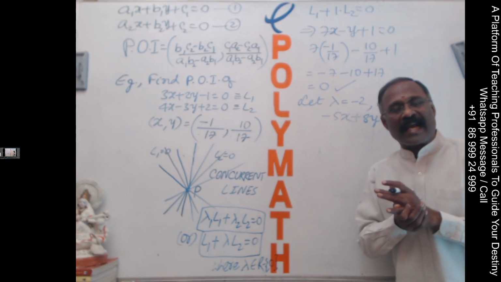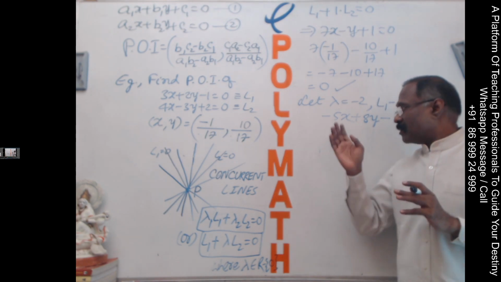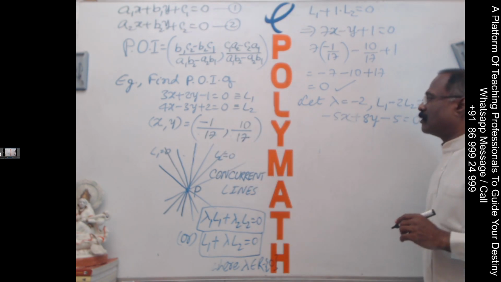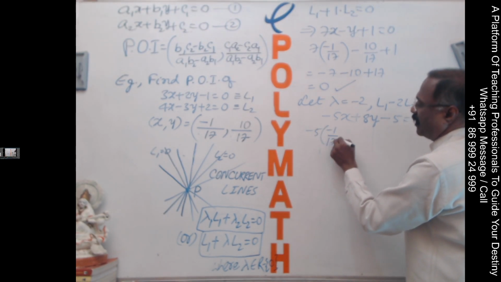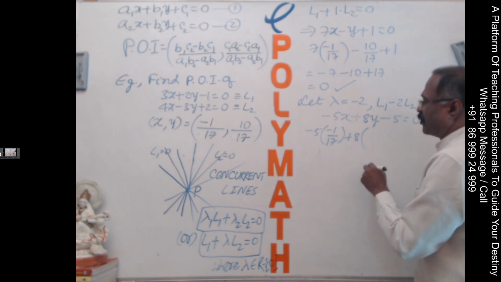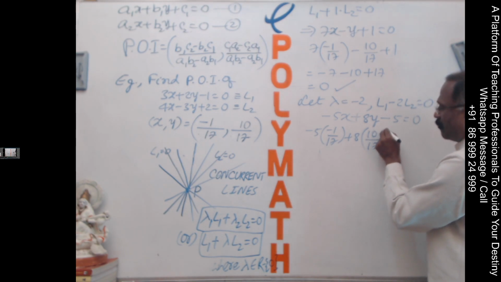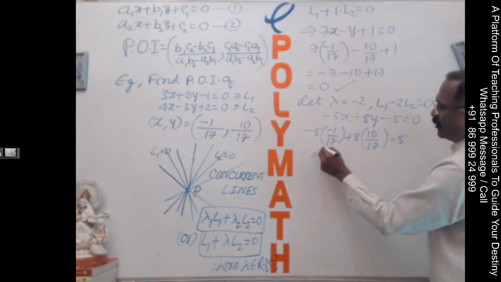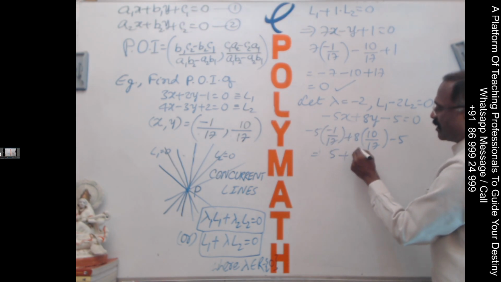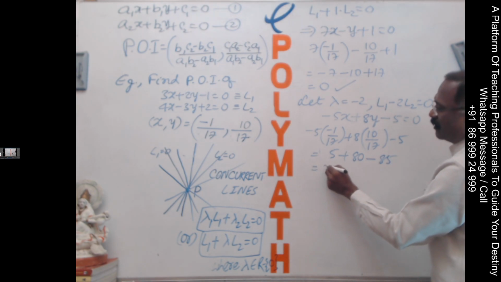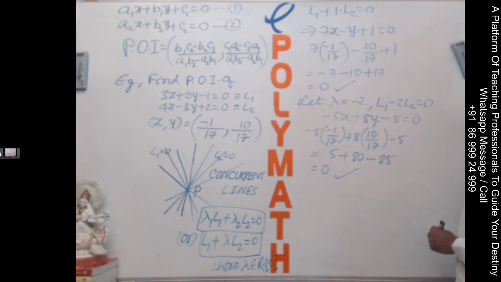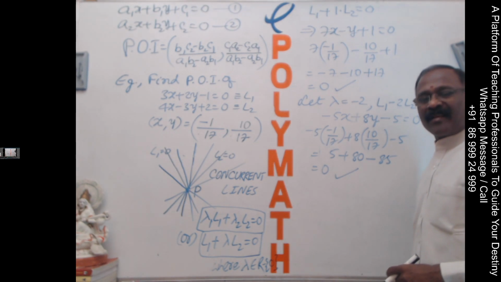Now let me check whether this line is passing through this point or not. So minus 5 into minus 1 by 17 plus 8 into 10 by 17 minus 5 is equal to 5 plus 80 minus 85 by 17, which is equal to 0. Just see that.